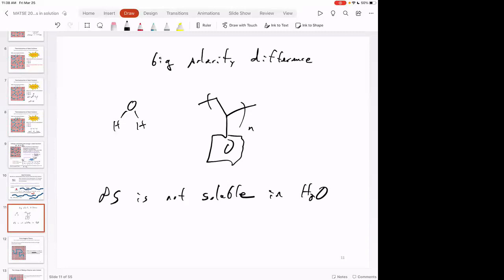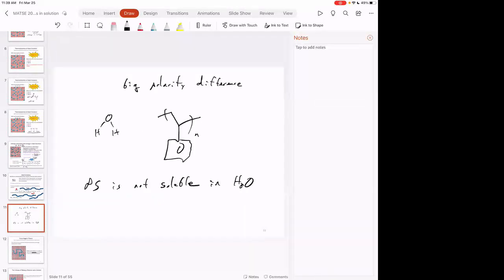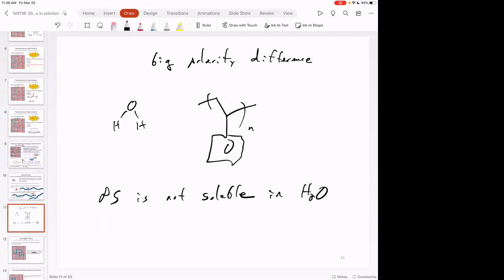And so if we had to pick a solvent for polystyrene, what could you imagine could be a good solvent based on your knowledge of organic chemistry and all the small molecule compounds that you've studied? What could be a good solvent? Yeah, benzene. Oh, good solvents.